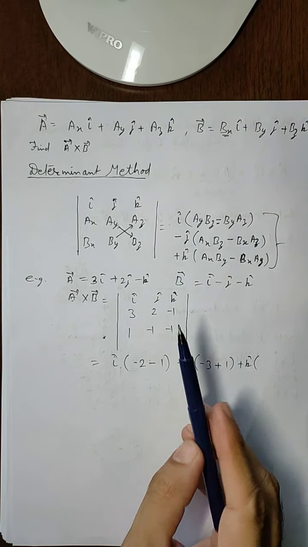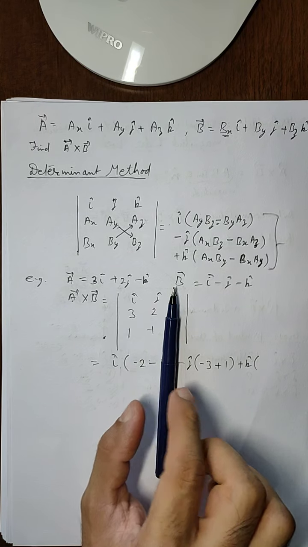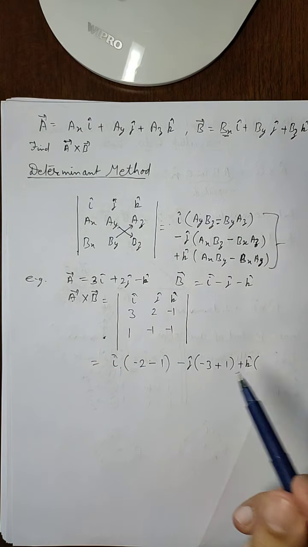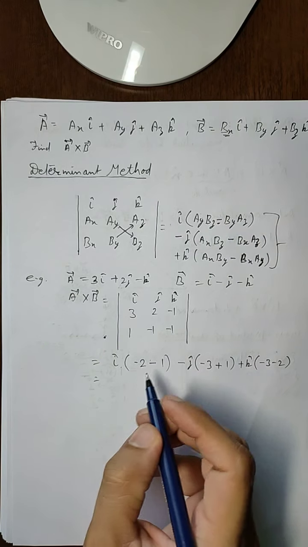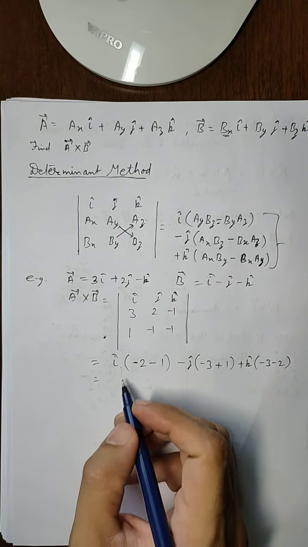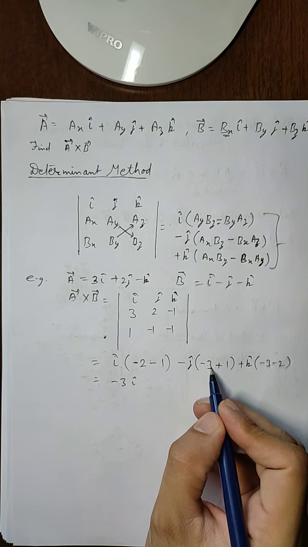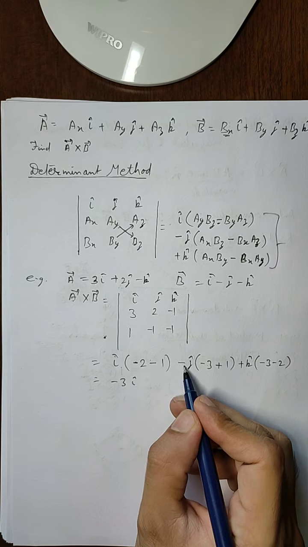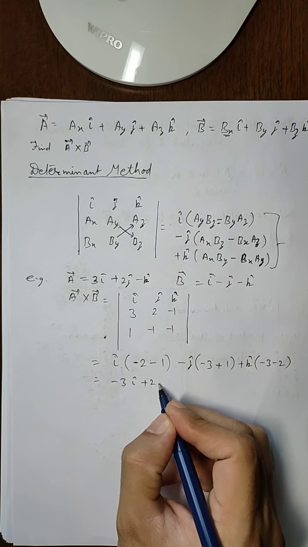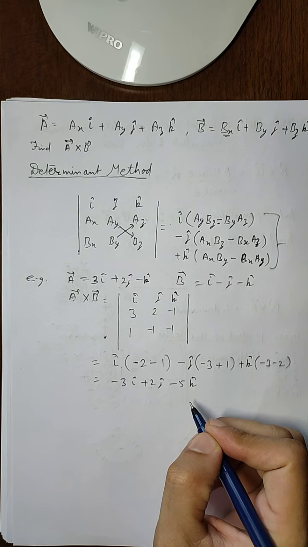Plus k cap, same thing: 3 into minus 1 is minus 3, and minus of 1 into 2 is minus 2, so minus 3 minus 2. Now if you solve the brackets, it will be equal to minus 3 i cap, this is minus 3 plus 1, so minus 2, minus 2 will come outside, minus of minus 2 is plus 2, so plus 2 j cap, and minus 5 k cap.